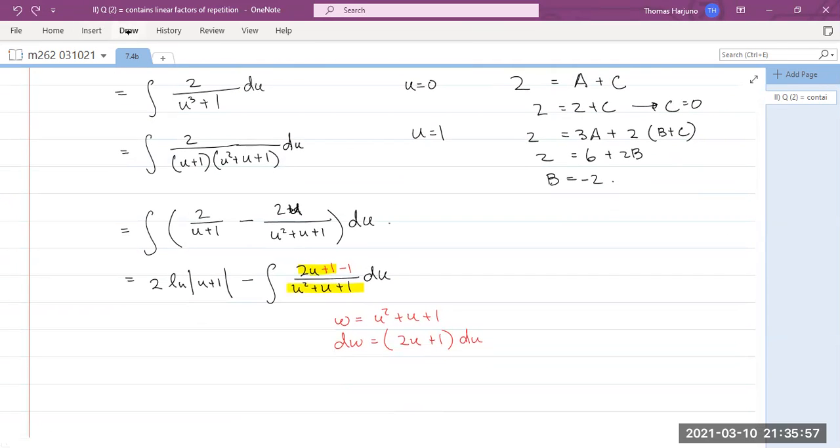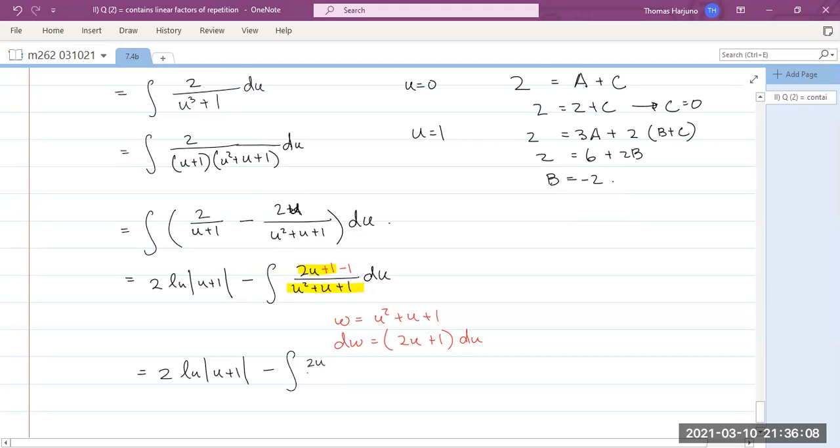So I can rewrite that as 2 natural log of u plus 1 minus integral of 2u plus 1 over u squared plus u plus 1 du plus integral of 1 du over u squared plus u plus 1.